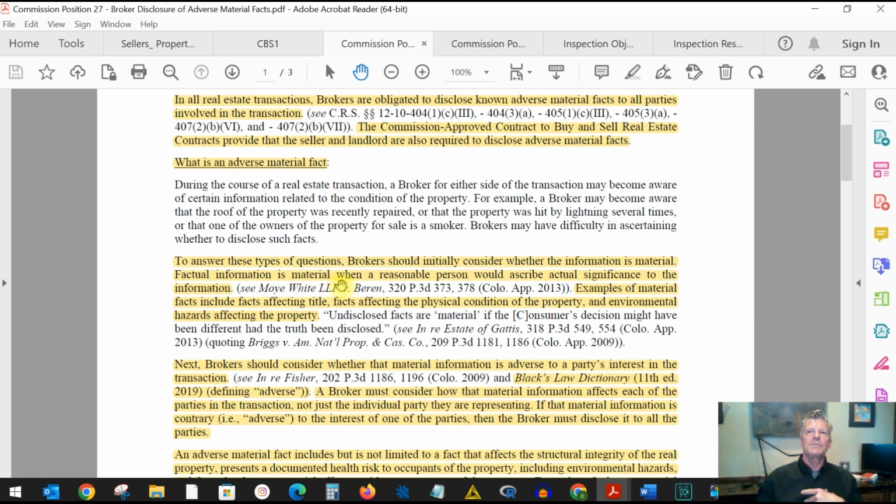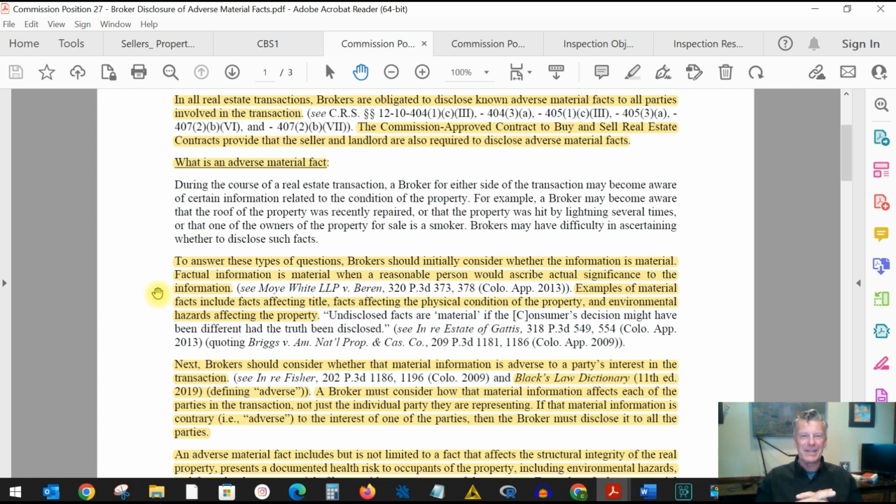Factual information is material when a reasonable person would ascribe actual significance to the information. Is that all clear for you? That'll be on the final exam. If it's important to somebody in the transaction, you, then it's material. So we've gotten that far.